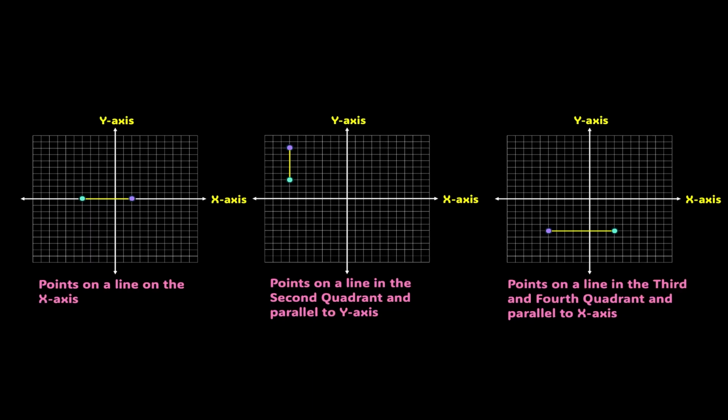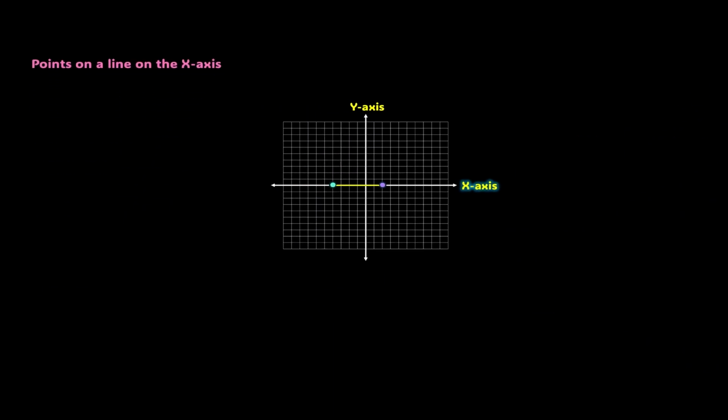In the first case, we can clearly see a couple of things right off the bat. Firstly, the line is on the x-axis, which in other words means the line is parallel to the x-axis, as a line is always parallel to itself.